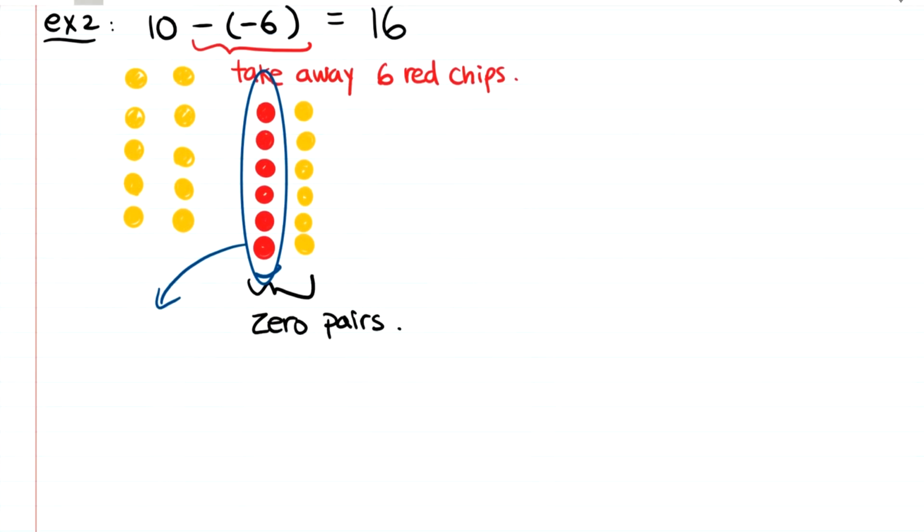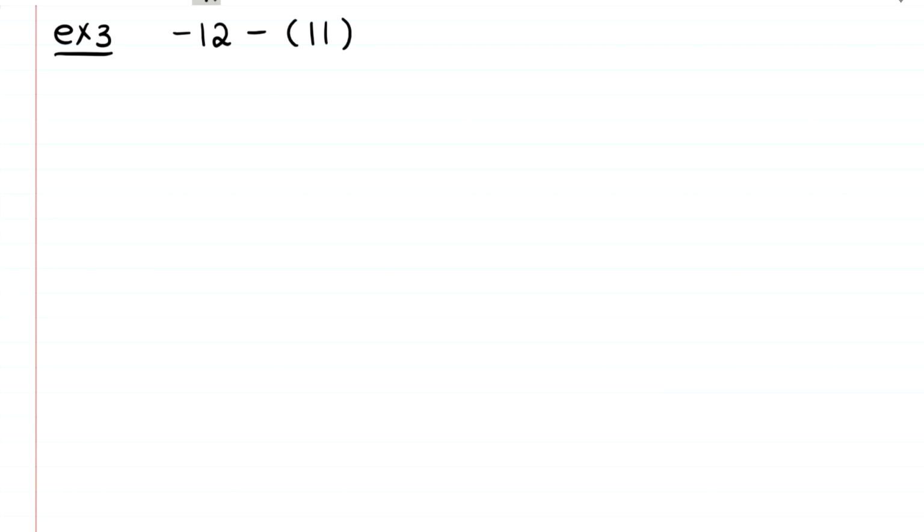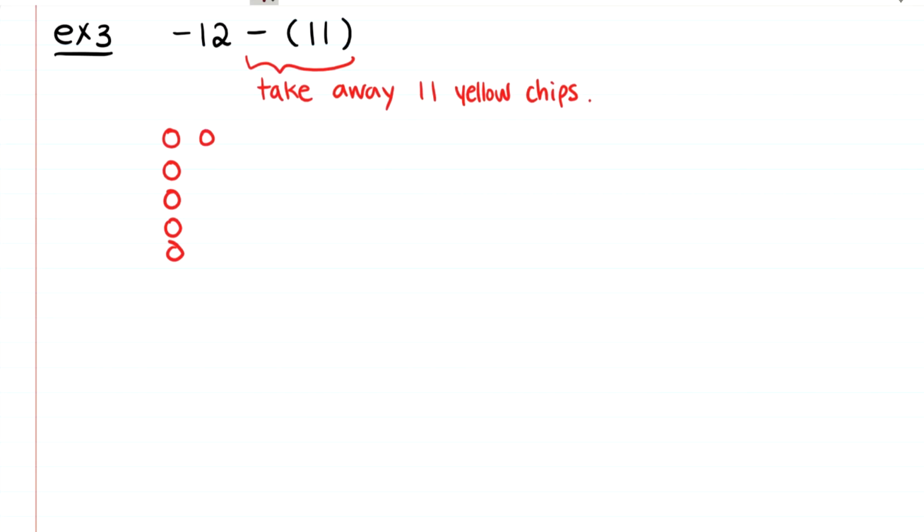Okay, ready for another one? Example 3. We've got negative 12 minus positive 11. So we're going to start with negative 12, and then we're going to take away 11 yellow chips. Let's draw 12 red chips.